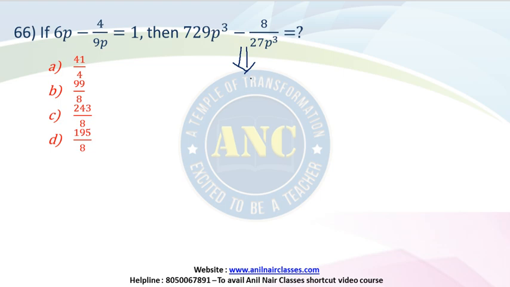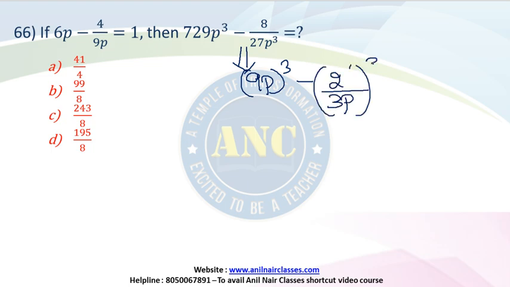729p cube is nothing but 9p whole cube, minus 8 by 27 is nothing but 2 by 3 whole cube. That means I want to have the value as 9p minus 2 by 3p. If I have the 9p minus 2 by 3p value, then finding the cube of it is not a difficult task.